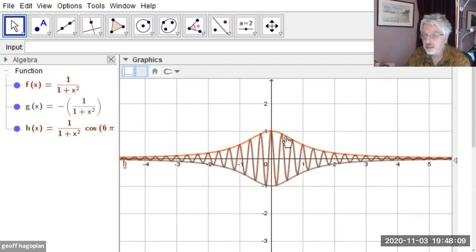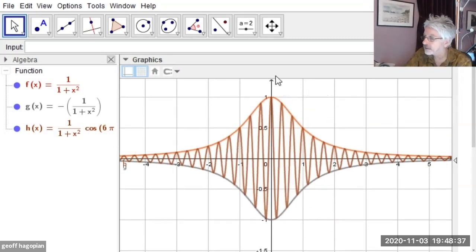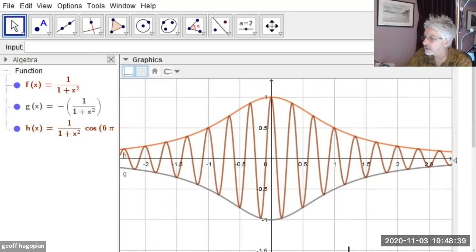Where it's oscillating inside the envelope created by this multiplier function, where you have the function itself and then its opposite, right? Because the sine or the cosine oscillates between -1 and 1. So you oscillate between touching the opposite and the thing itself, right? So looks like that. We could stretch it out a little bit.